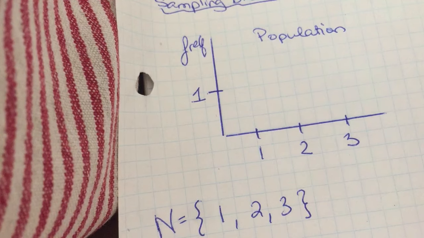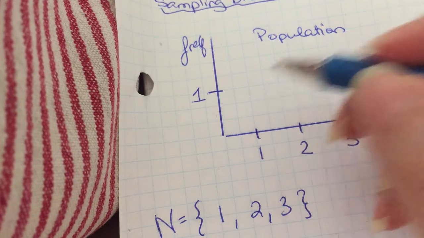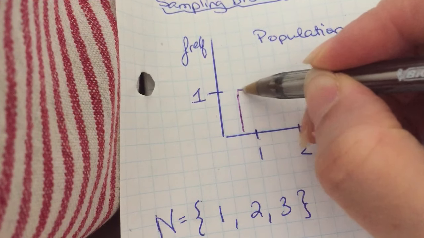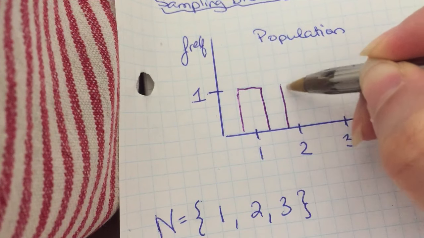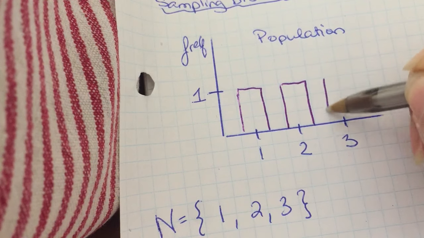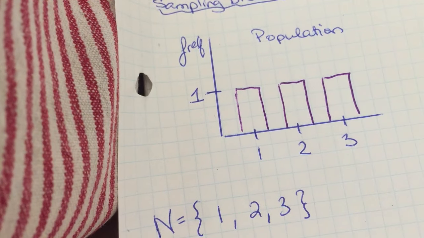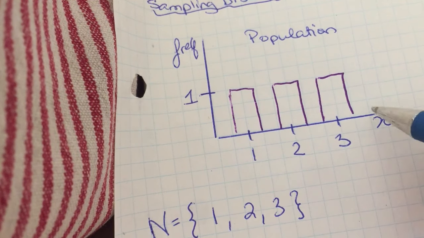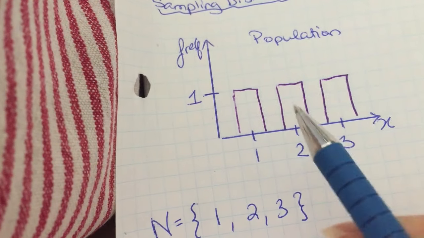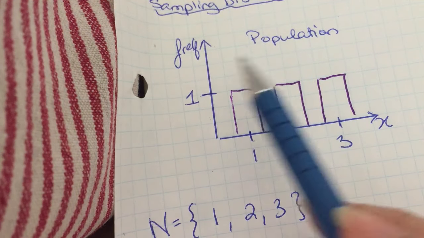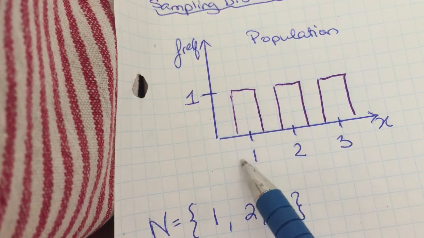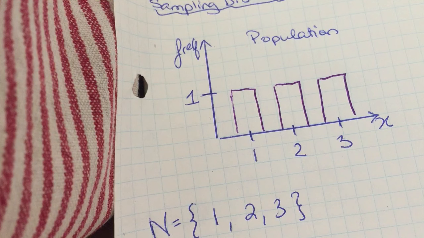So I could have, for instance, one each of my variables, which would be one of one, two of two, one of two, and one of three. Okay, so these are my variables here.